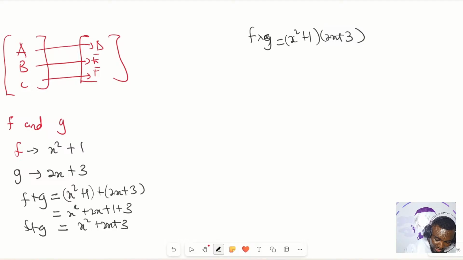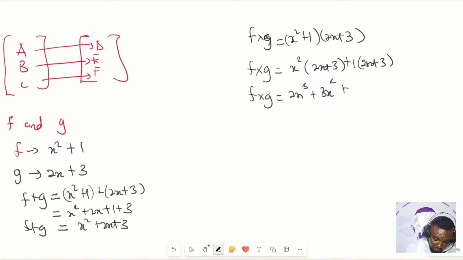When we are expanding this, we pick the x squared and expand it over 2x plus 3, and then we pick the plus 1 and expand it over 2x plus 3. So our f times g becomes equal to 2x cubed plus 3x squared plus 2x plus 3. When we group like terms here, we realize that none of these terms have a like term. So that gives us our f multiplied by g.